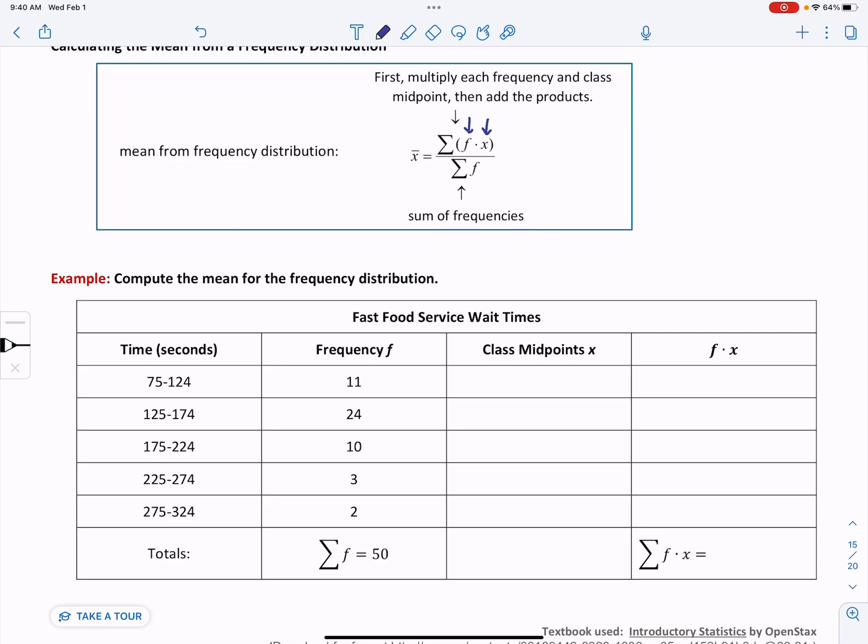So this is the sum of the products divided by the sum of the frequencies.